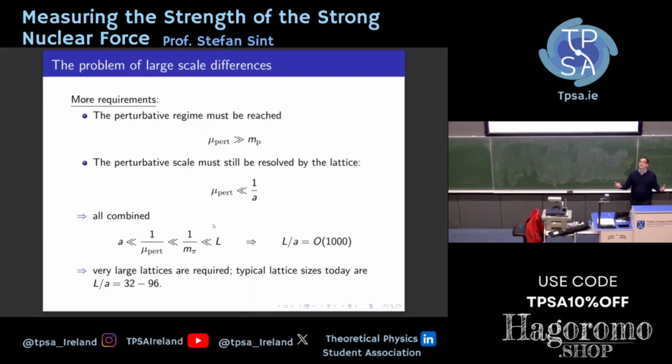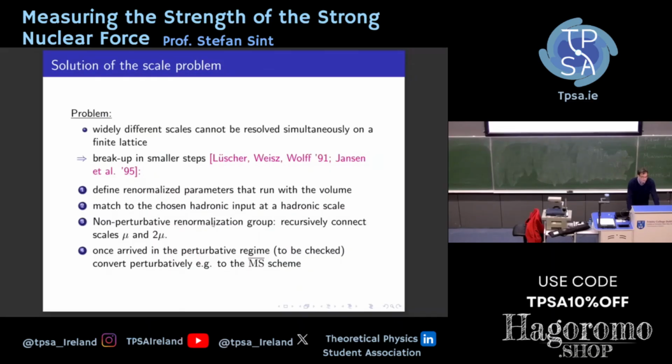In the end, you want to take the continuum limit where a goes to 0. Okay, so that's implicit always. So this is just an illustration that very different scales cannot be resolved on a single system, unless you put enormous size lattices.